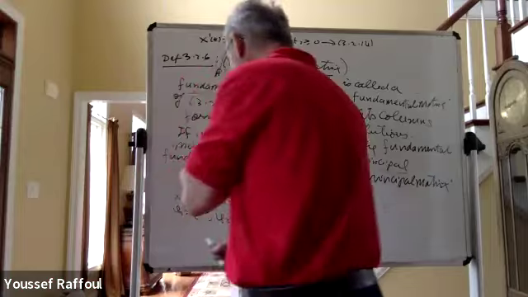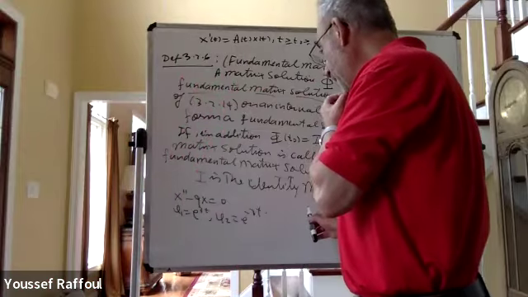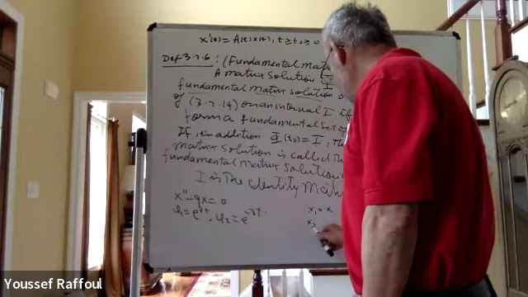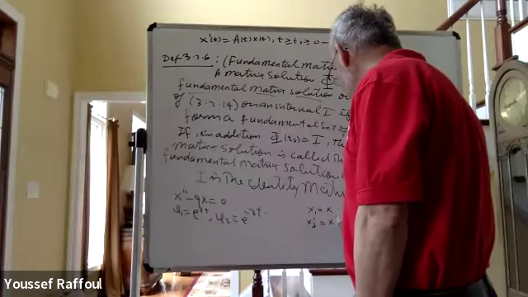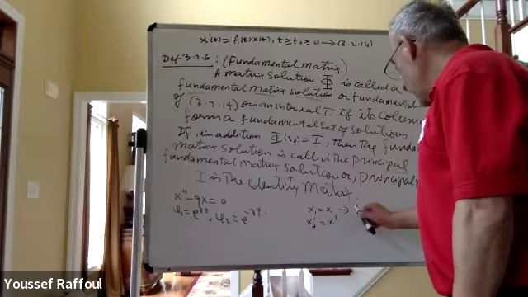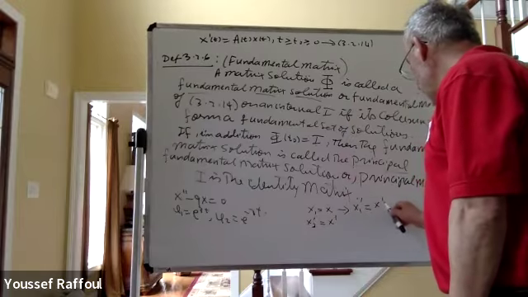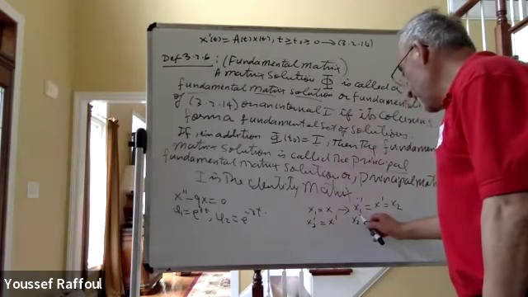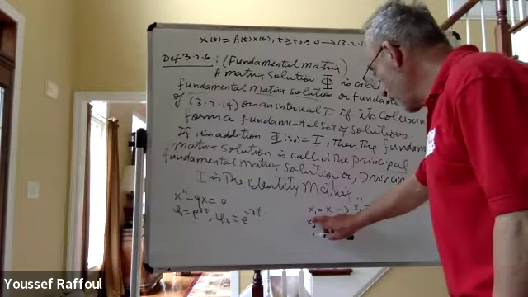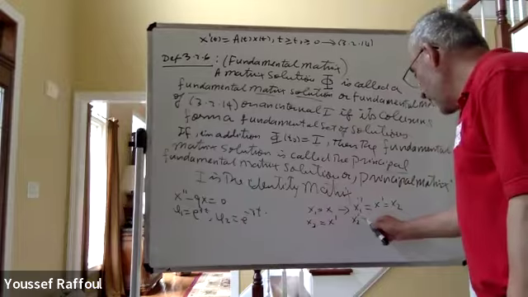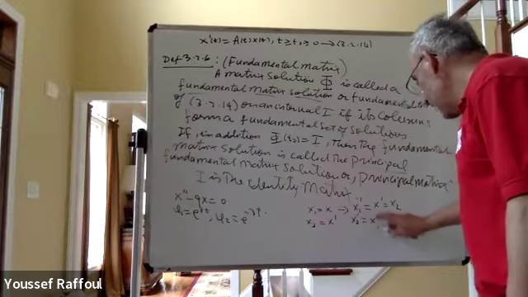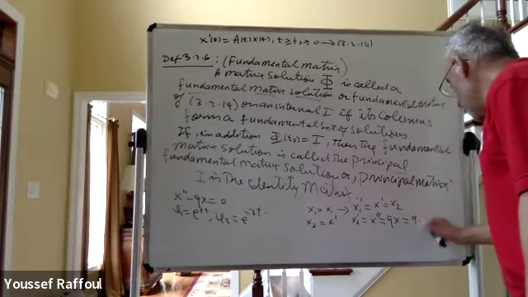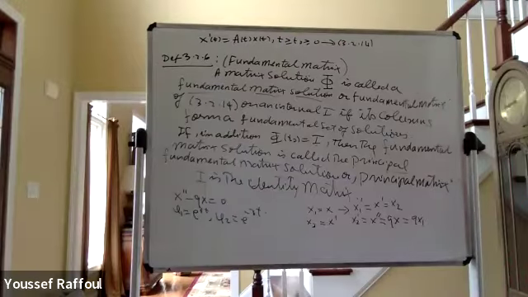Now, if I do a change of variable, if I take x1 equal x and x2 equal x prime, then x1 prime equals x prime equals x2, and x2 prime equals x second equals 9x equals 9x1.